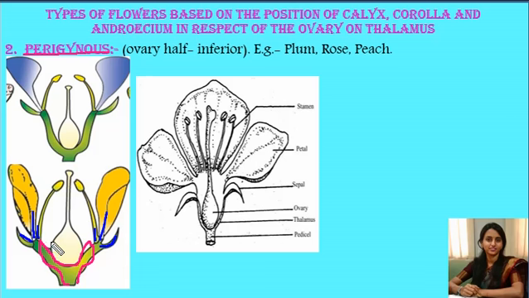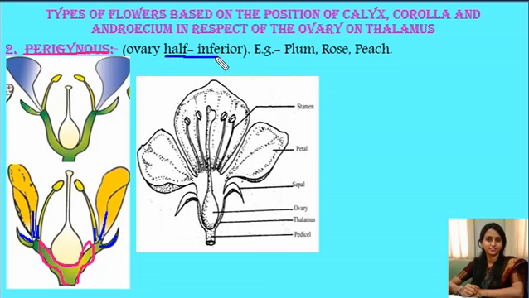As a result of this, half of the ovary is inserted inside the cup-like thalamus, and half of the ovary is exposed outside the cup-like structure which is formed by the thalamus. As a result of this, the ovary is said to be half inferior.